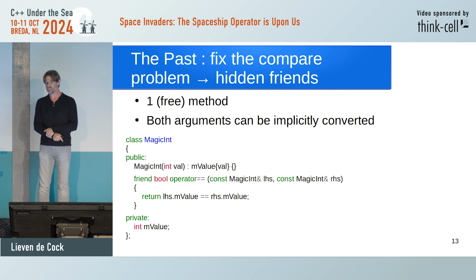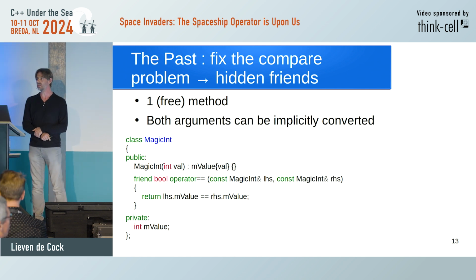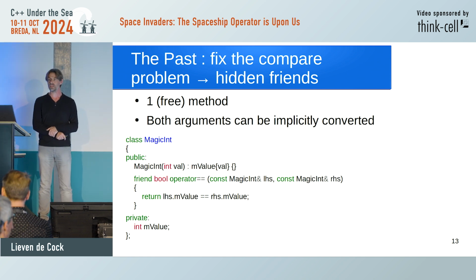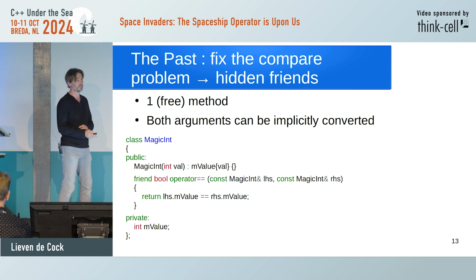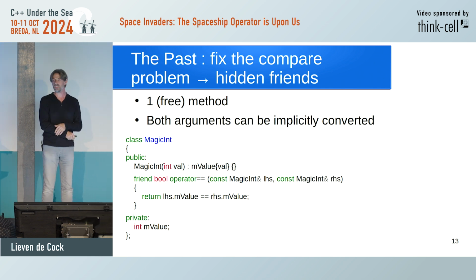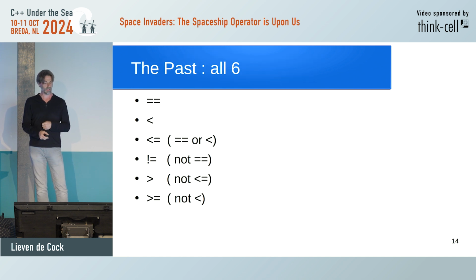So not an integer, but both arguments can now be converted by the compiler. So again, we can do A equals B, B equals A. Doesn't matter where the integer value is or where the MagicInt value is, both operands can be converted. So back to one method instead of two. So that's a game.